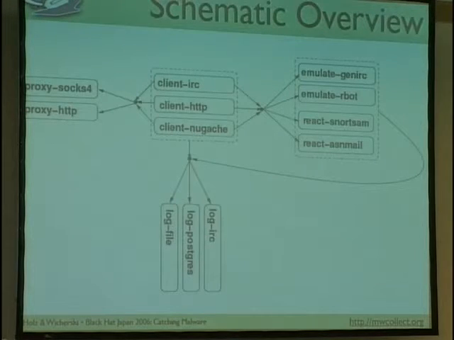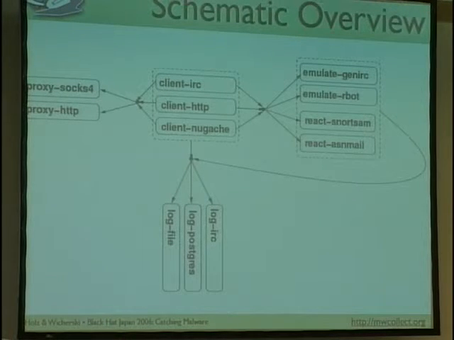A schematic overview: the most important thing is the client modules. We have one client for IRC, one for HTTP, one for Nugache. And these are just the implementations of the command and control protocol. So the IRC client is just a simple IRC client, HTTP is an HTTP client, and Nugache is a bit more advanced, because if you want to participate in a peer-to-peer network for command and control, you cannot just connect to the central server and assume you're getting all commands, but you need to really participate in the peer-to-peer botnet.